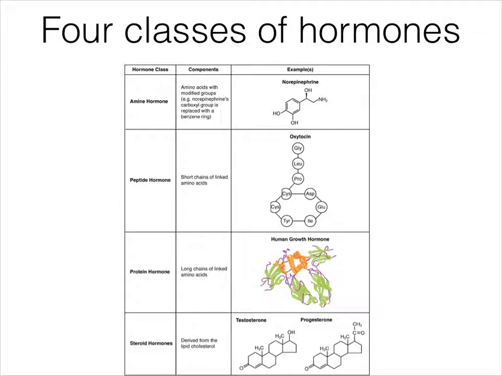So they need to be chemically unique, and by preference, they should be cheap and easy to make from something that is already abundantly present. By cheap to make, I mean in terms of energy, because your body uses and makes a lot of hormones.